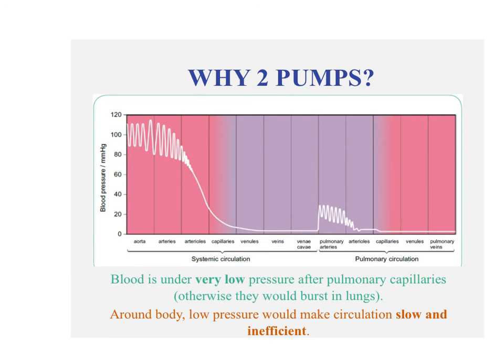So this diagram here shows the pressure of the blood on the y-axis at various stages of the circulatory system. And I was keen to highlight the fact that we're talking about the pulmonary capillaries onwards before we start moving back into the heart. And you can see here at these capillaries, so where the blood has exited the lungs, the blood is at a really, really low pressure.